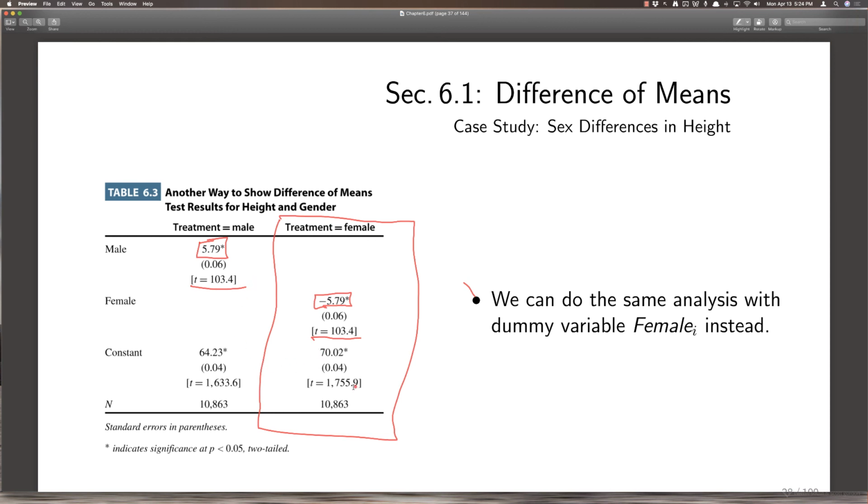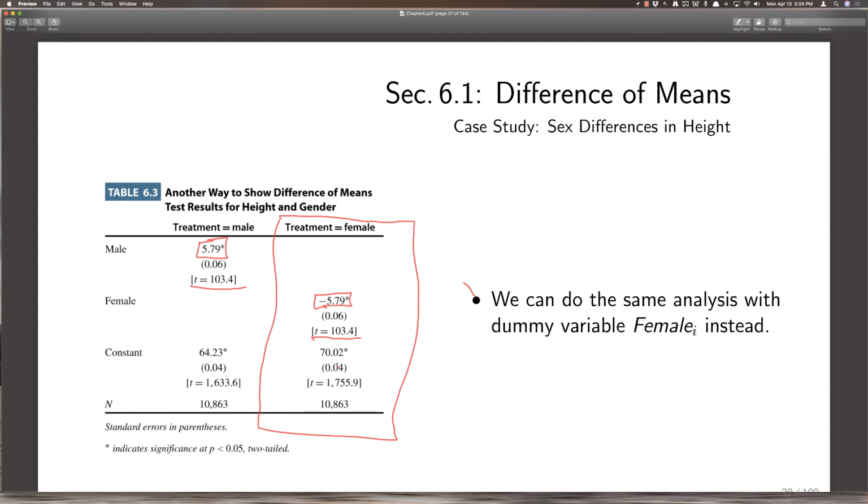Now, what is different is the intercept. Remember what the intercept was over here? This is the average for the 0 group. In this version of the model, that was the non-males. Over here, the 0 group, the group for the female variable that got a 0 were the non-females. And their average height is 70.02.